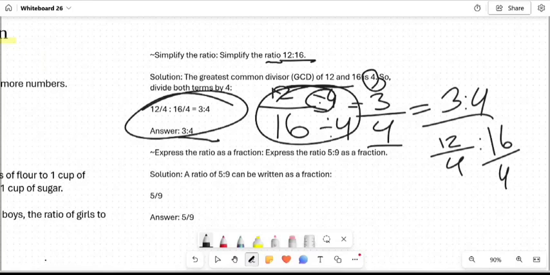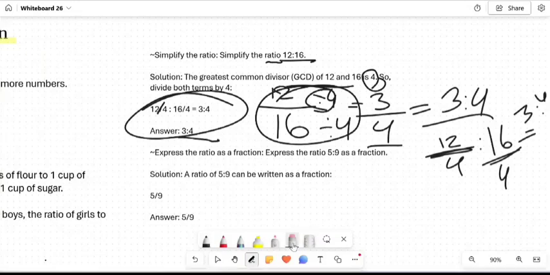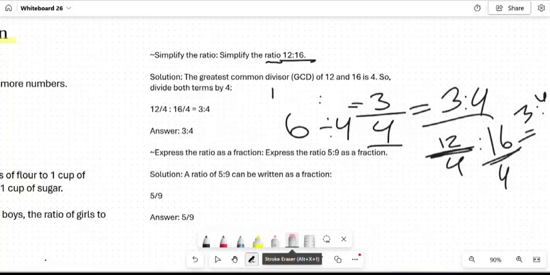So both these numbers are getting divided, and after getting divided, we will get 3 is to 4. It's basically like that only, but they have done it in a different way.